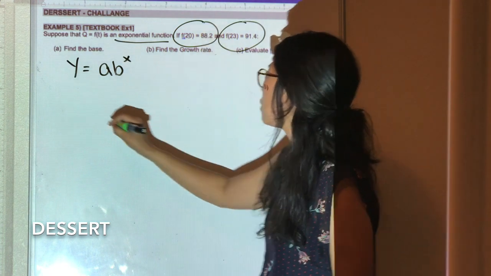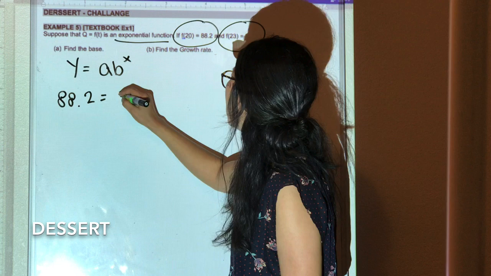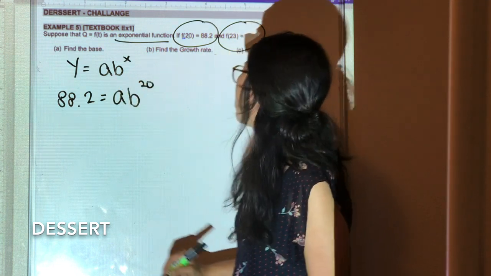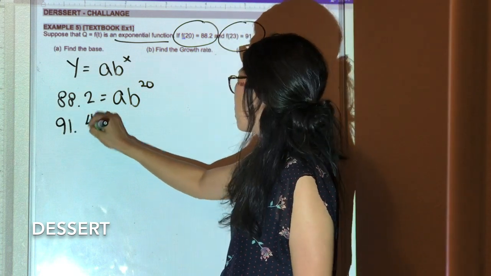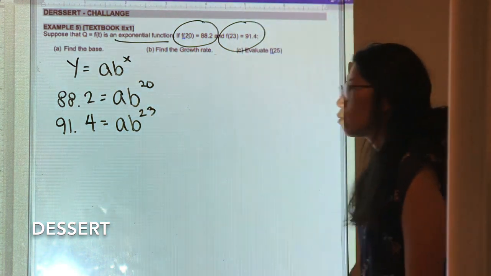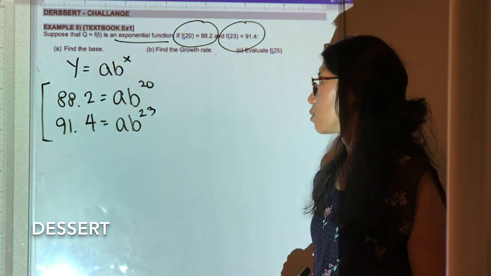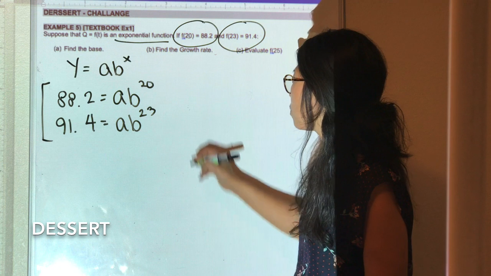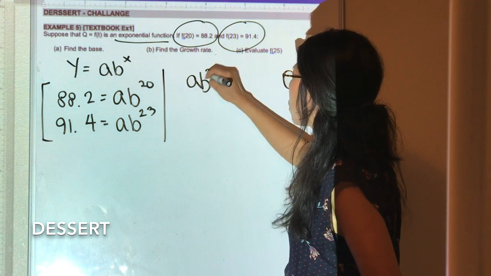So by plugging in those numbers, I will have 88.2 equals a times b to the 20th power, and the next one is 91.4 equals a times b to the 23rd power. So if you look at this, it is going to be a system of equations, 2 equations and 2 variables, so we should be able to solve this one. So how are we going to solve this? We are using the ratio.